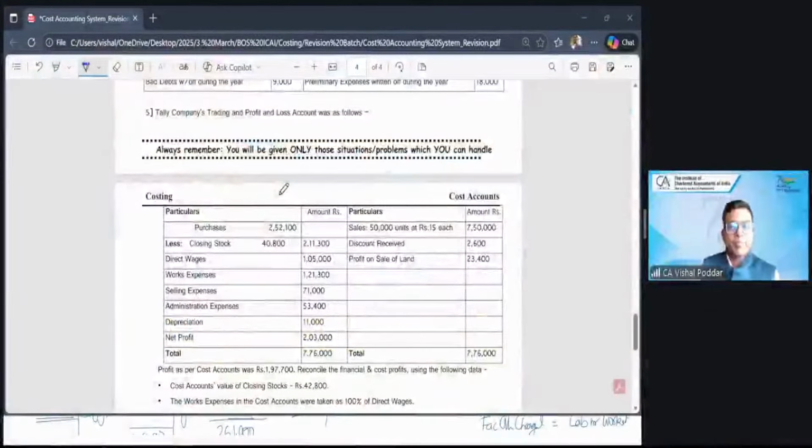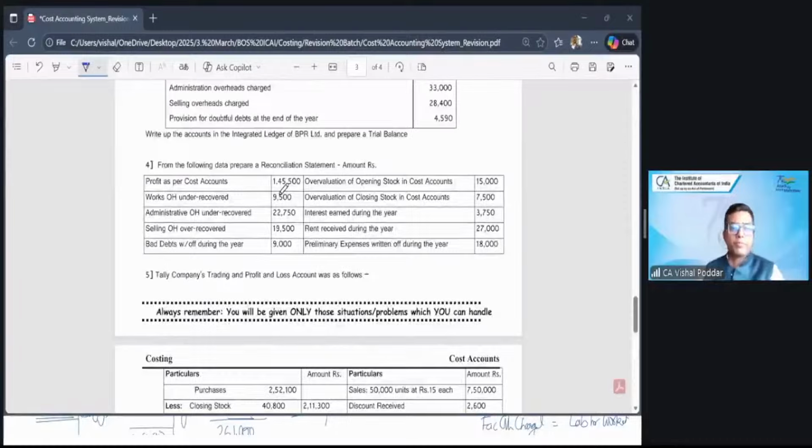Students, now see, in reconciliation, what are we supposed to do? So you have to understand one thing that, as I said, we follow non-integrated method of accounting. Now, in non-integrated method of accounting, there are two set of books which are prepared.